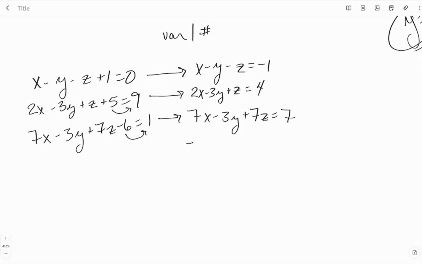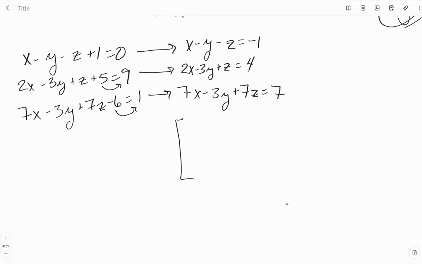So when we create this augmented matrix, we have 3 equations. So that's going to be 3 rows. And then we're going to have 4 columns. So this is going to be a 3 by 4 matrix. There's my equals. We have x's, y's, z's, and the numbers.